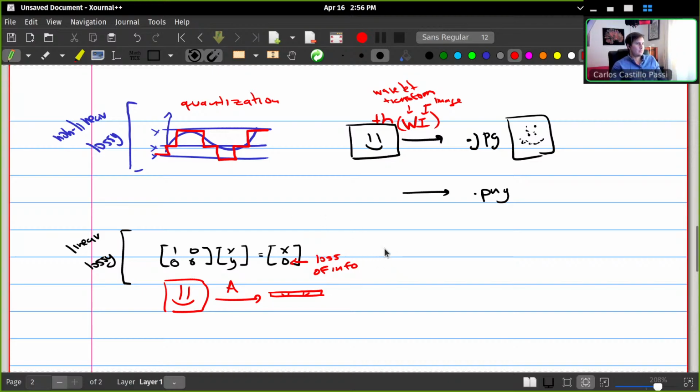So you in fact reduced the dimensionality. So this matrix A is linear, is lossy, and therefore is non-invertible.